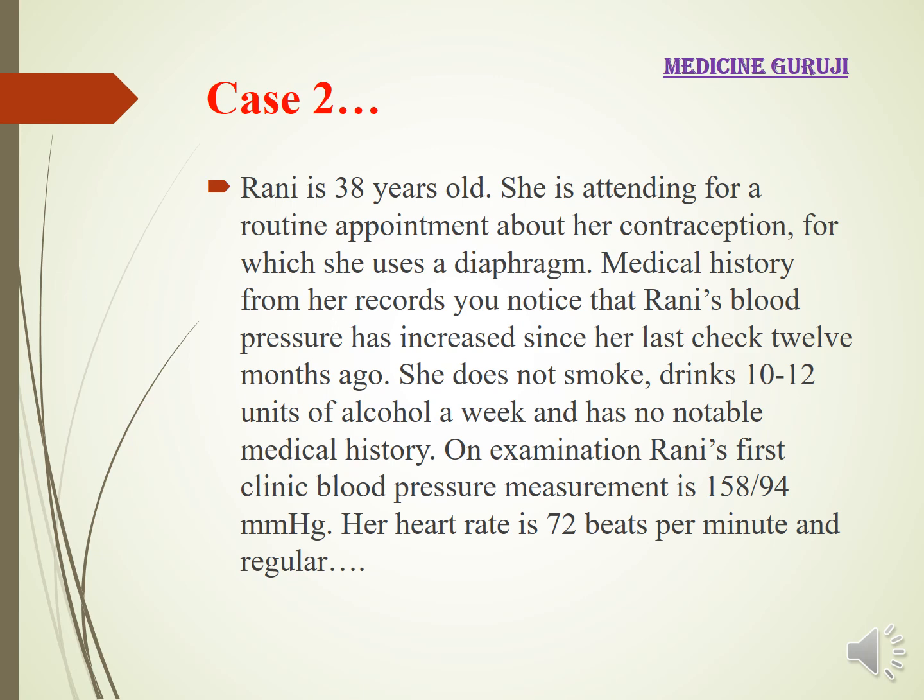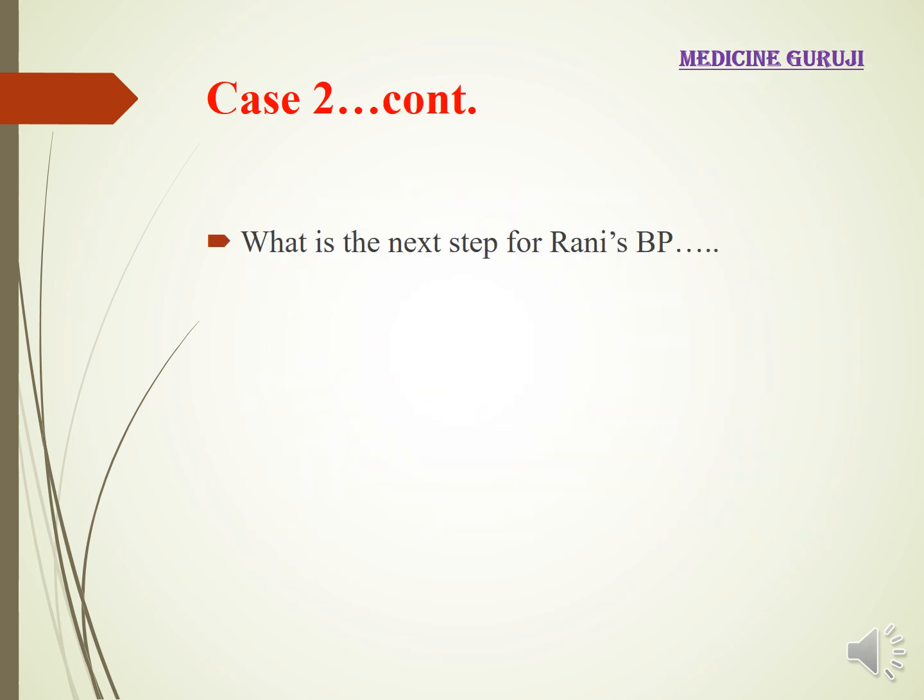She does not smoke, drinks 10 to 12 units of alcohol a week, and has no notable medical history. On examination, Rani's first clinical blood pressure measurement is 158 by 94 millimeters of mercury. Heart rate is 72 beats per minute and it is regular. What is the next step for Rani's BP? Think about it, friends, and we will be discussing that in our next video.